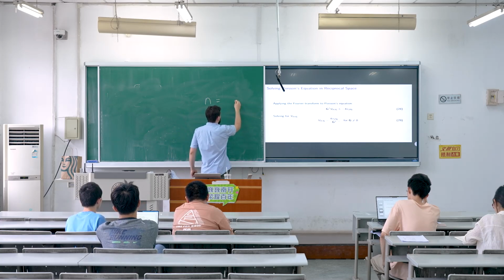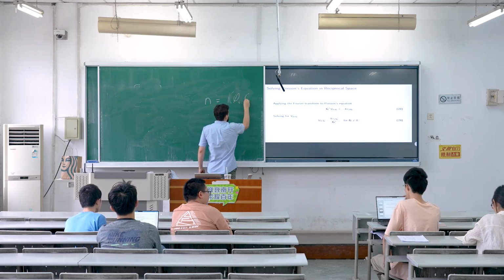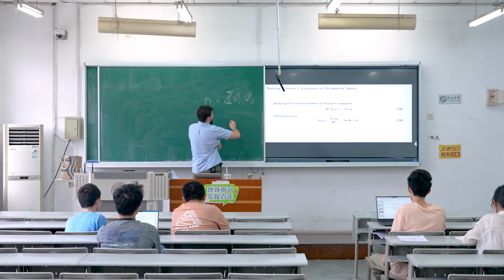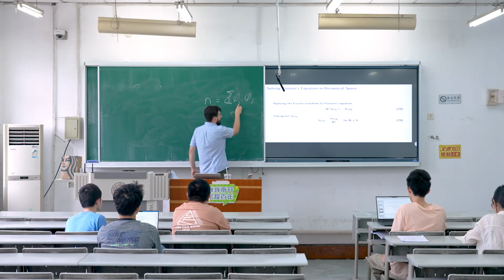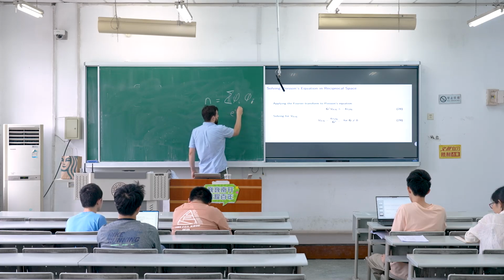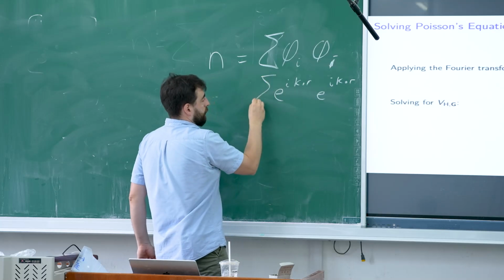All we're going to do is remember that our density is written in terms of our states, and then replace our states with our plane waves. We've got to remember that plane waves are orthogonal, so we only care about these ones. e to the i k dot r, summing over all of them.